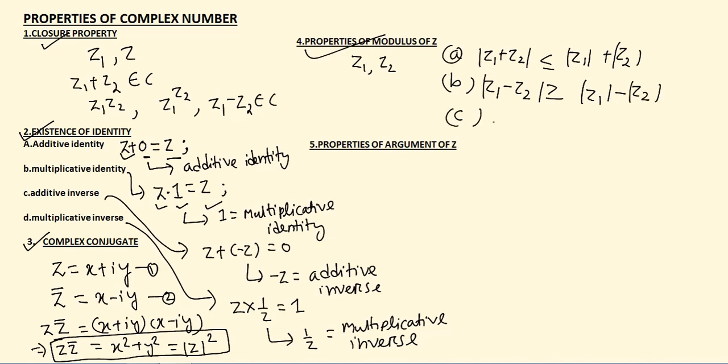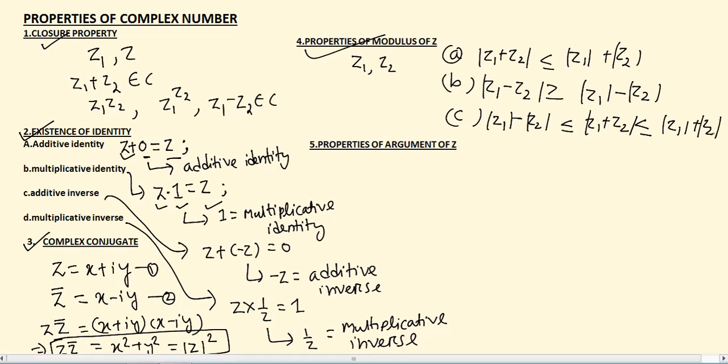The third one is z1 mod minus z2 mod less than equal to z1 plus z2 mod less than equal to z1 mod plus z2 mod. We have to remember these inequalities as we will use these properties while solving the problems.